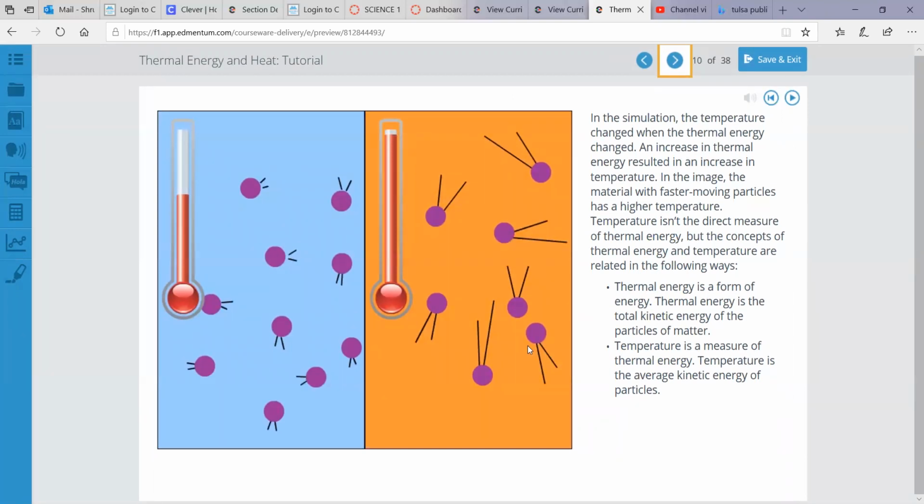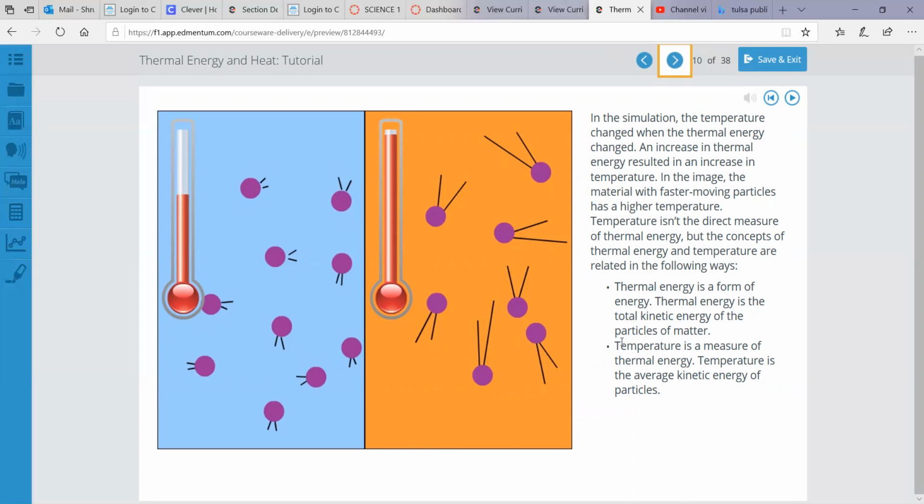And we'll look at that in these slides. So the temperature changed when the thermal energy changed as well. So an increase in thermal energy resulted in an increase in temperature as well.